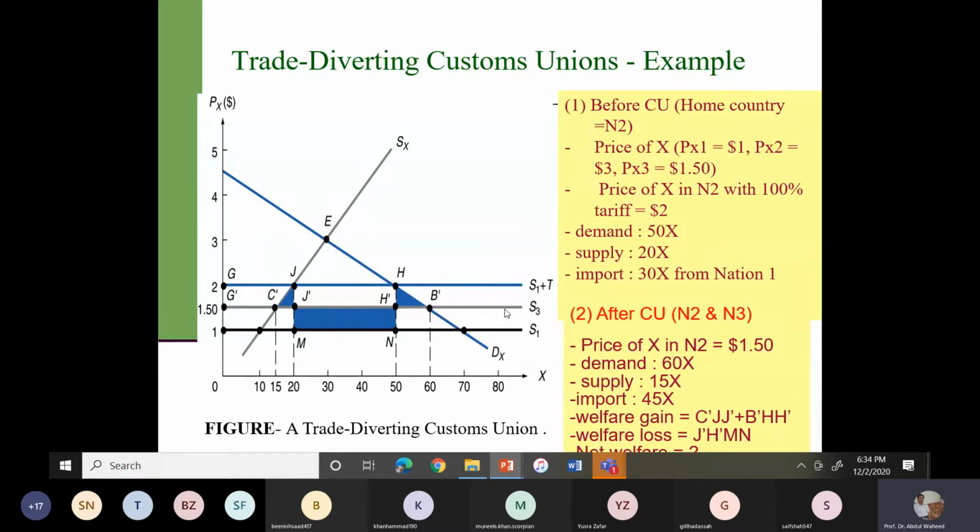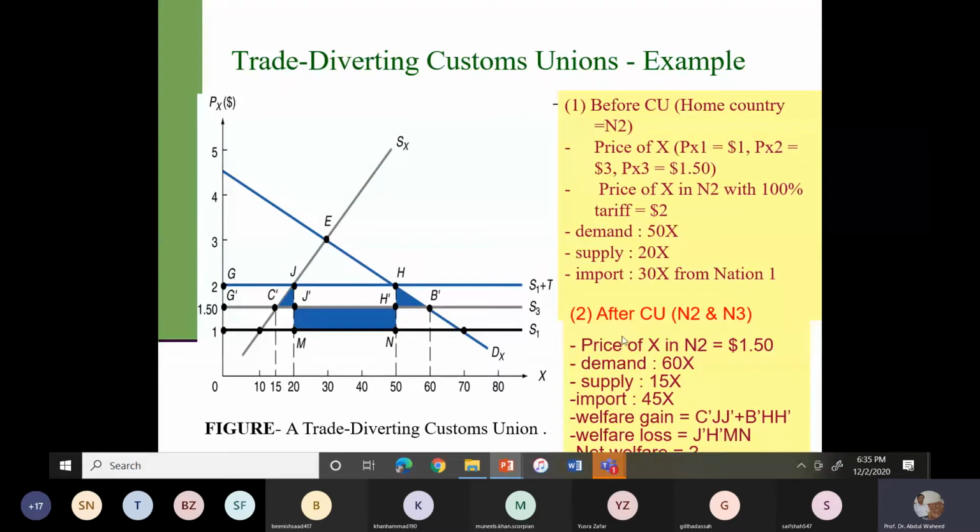इसकी cost ज़्यादा है। देखिए ना, नेशन 1 की प्राइस $1 है, नेशन 3 की प्राइस $1.5 है। तो इस केस में लो कॉस्ट प्रोवाइडर जो है वो नेशन 1 है, हाई कॉस्ट प्रोवाइडर जो है नेशन 3 है। तो प्रीवियस एग्जाम्पल हमने देखा था we this nation to form a custom union with nation 1, which was a low cost provider.